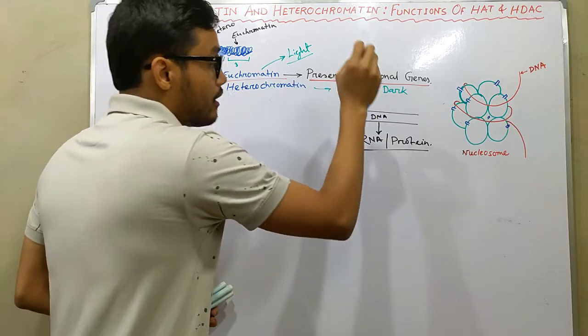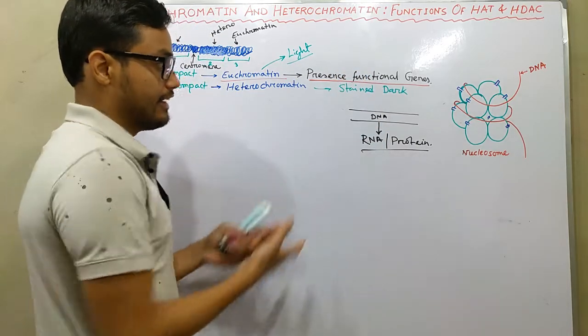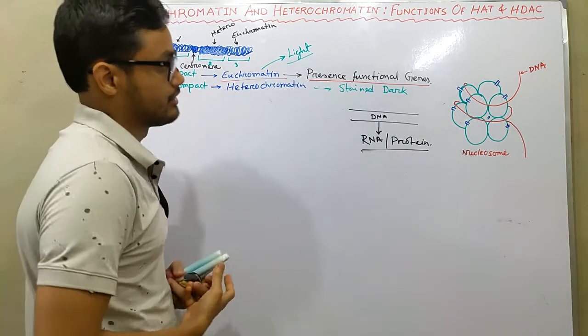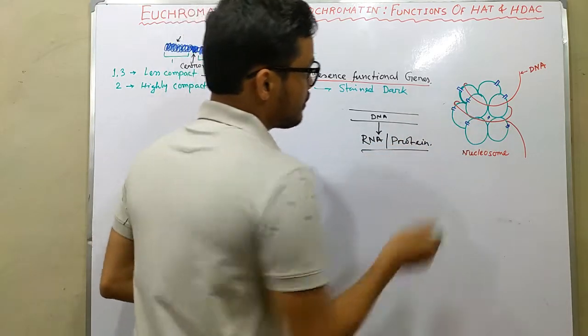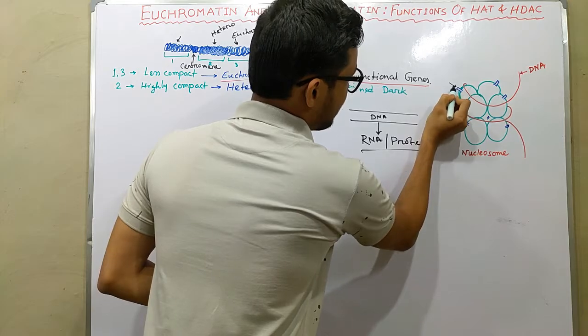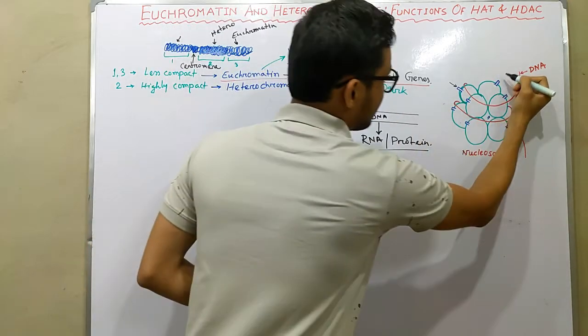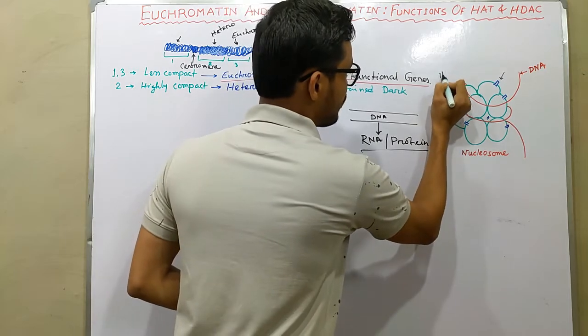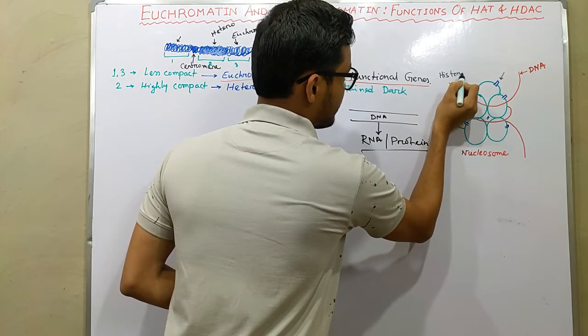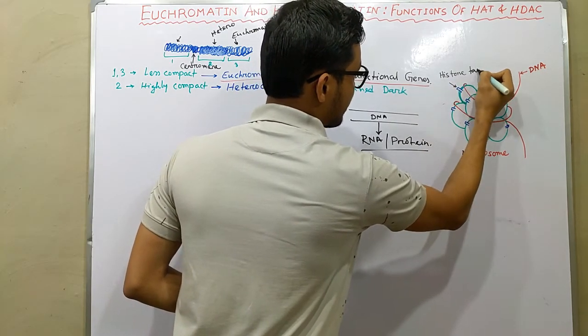So how does the cell activate the genes? Let's focus on the nucleosome model here. Here you clearly observe the spikes. Those spikes are known as histone tails.